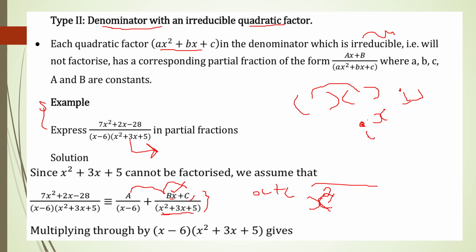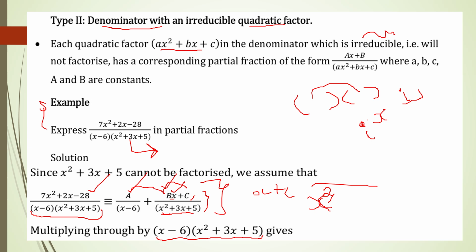Here still the LCM is going to be the denominator which is present on our initial function. So you're going to multiply each and every term which is present by our LCM, which is x minus 6 into x squared plus 3x plus 5, to see what is going to give us.